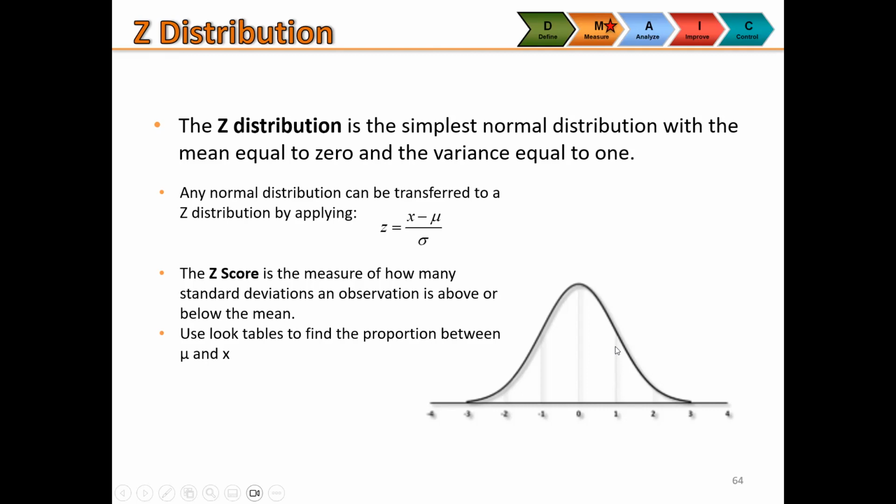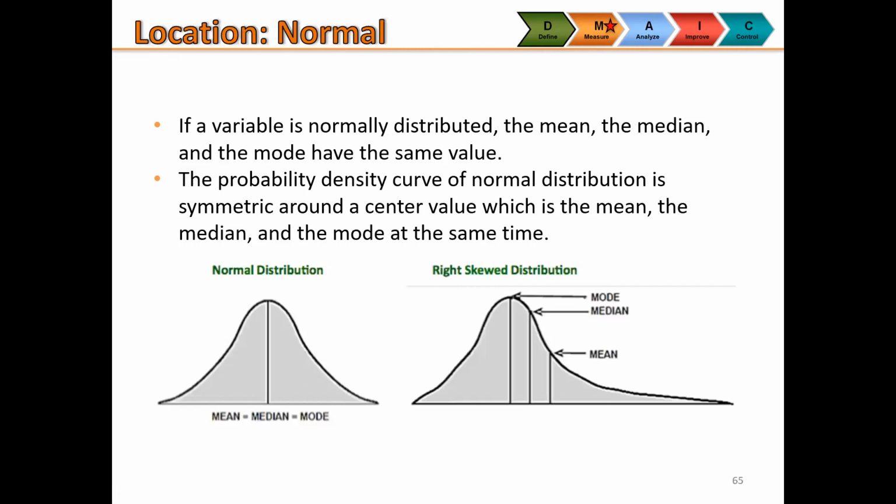The 1 would be 1 standard deviation, which would be 4 pounds in the case of my weight. We figured that out. The z-score is the measure of how many standard deviations an observation is above or below the mean.